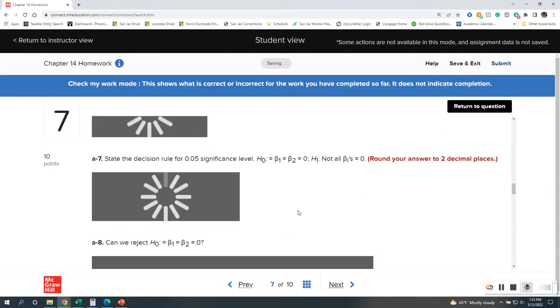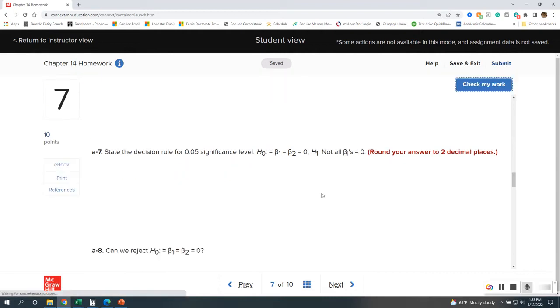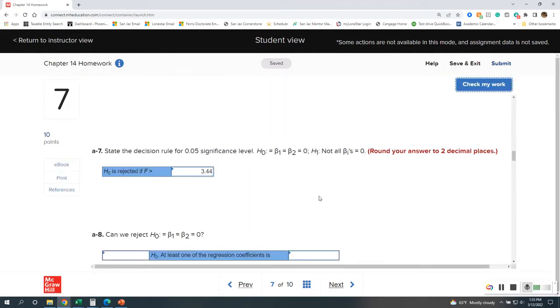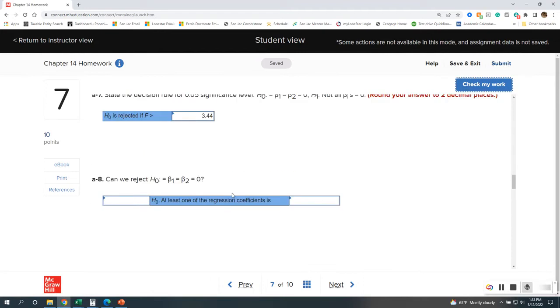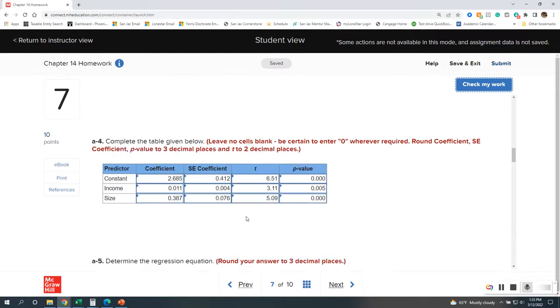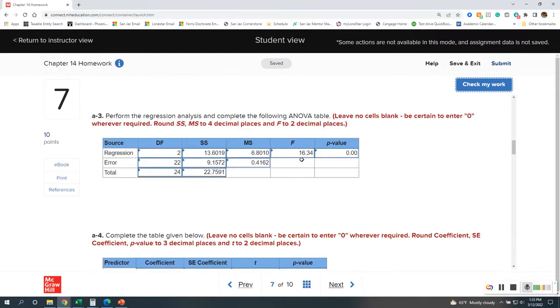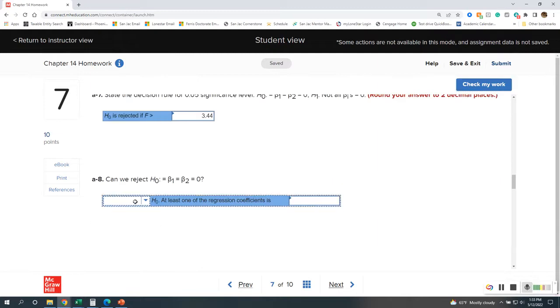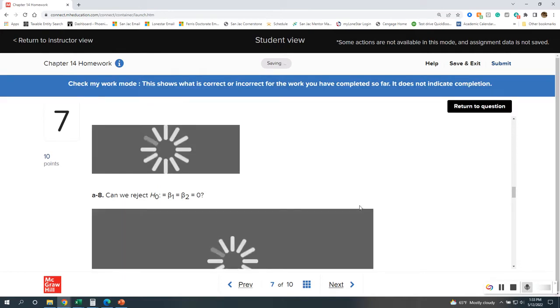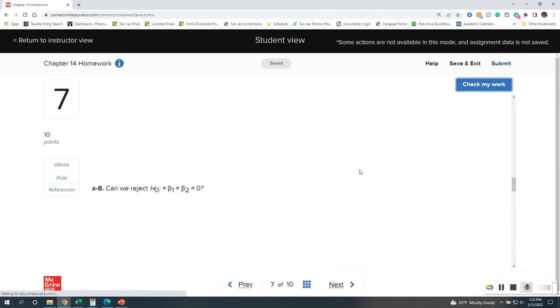Check. Make sure we pulled the right statistic. We did. That's our critical value. And then, are we going to reject or not? Well, according to our ANOVA, 16.34 is our F. It is indeed greater, so we are going to reject. So at least one of the coefficients is not 0.